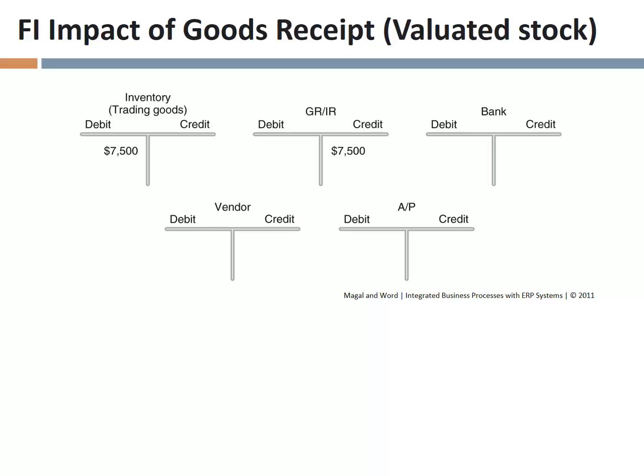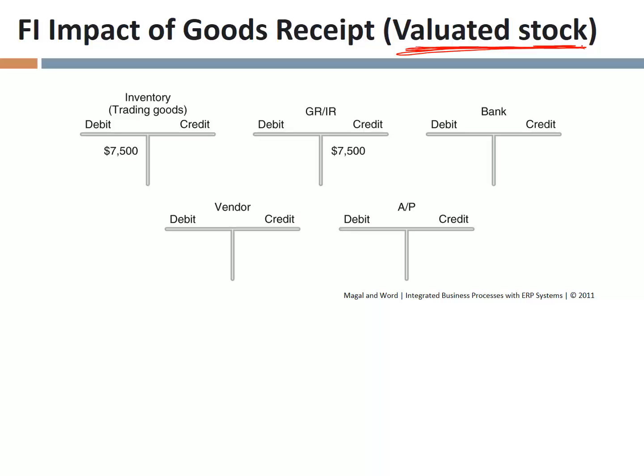When we have goods receipt, we do now have to indicate that we have a transaction here going against our ledger. And the idea here is really straightforward. We now have something that we did not have before. So in most instances, what we are going to see here is if we are talking about valuated stock, if we are talking about stock materials, which means that these are things that are going to be valued as an asset, we are going to be increasing the value of an asset and then making an offsetting accounting posting.